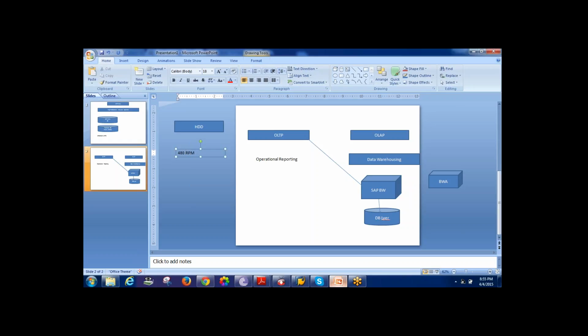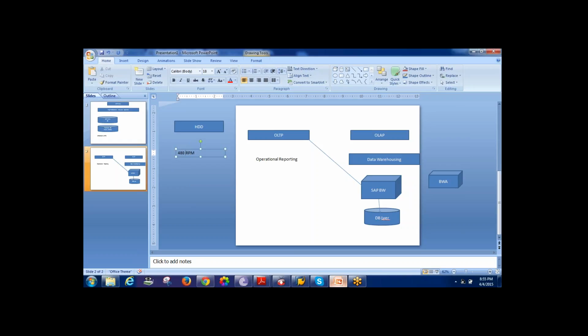In order to overcome this, SAP said I am going to introduce a new appliance called SAP BWA. This is completely in-memory, which means that I don't have to worry about the mechanical device. Understood?